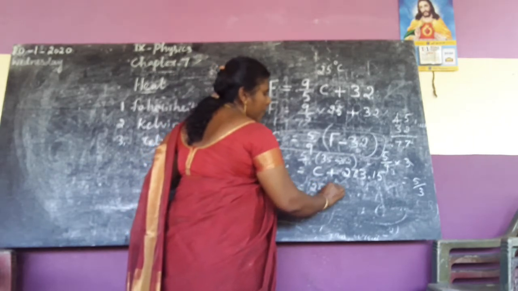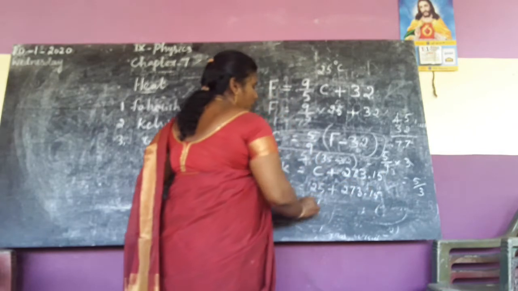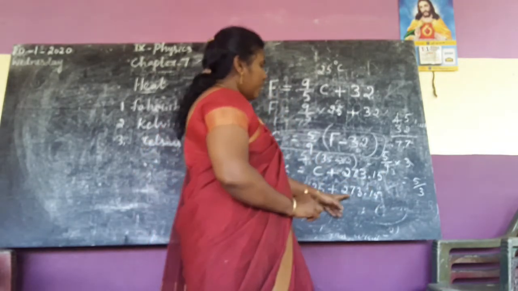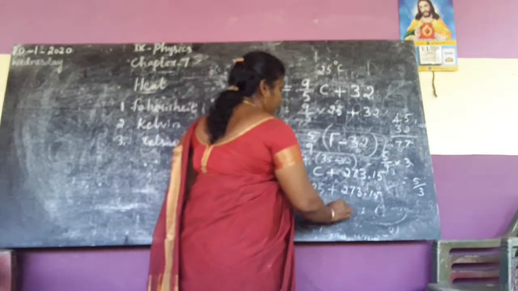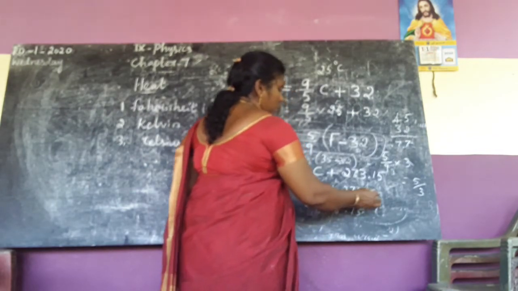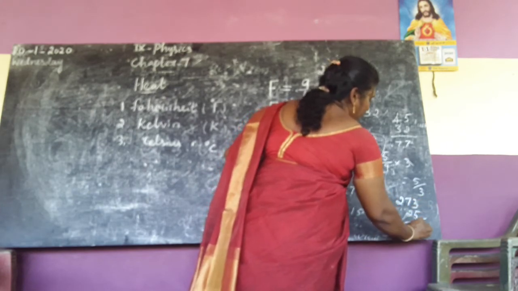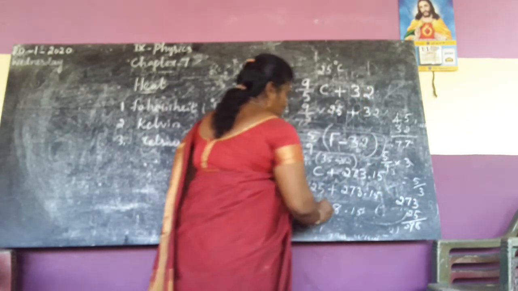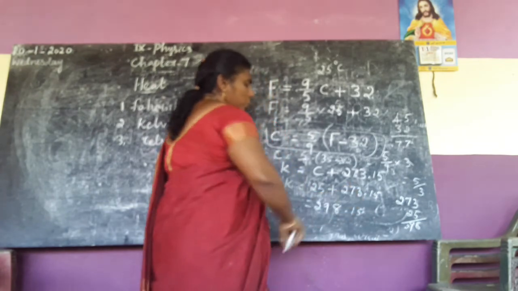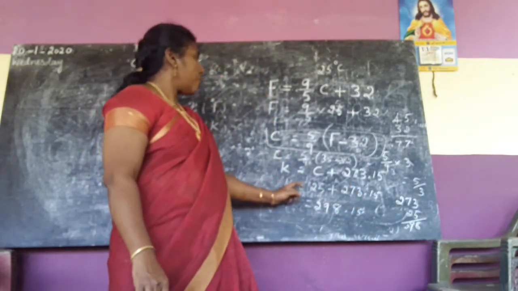So 25 plus 273.15. You just have to add. So 298.15. Like that you write. Okay. So this is the value on the Kelvin scale.